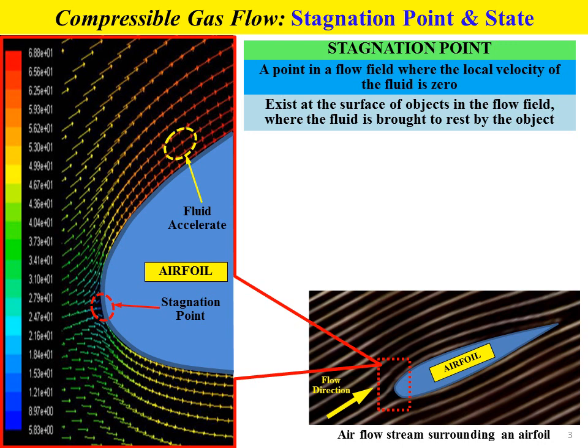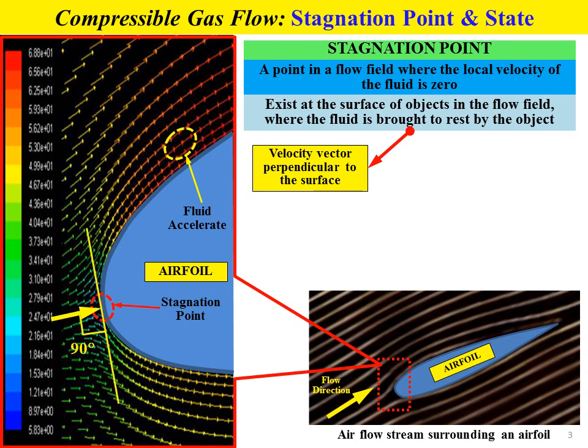So the point where the velocity of the fluid is 0 is referred to as the stagnation point. There are two keywords for the stagnation point. First, the velocity vector must be perpendicular to the surface. The yellow arrows show the direction of the fluid perpendicular to the surface of the airfoil, 90 degrees to the tangent line of the airfoil surface.